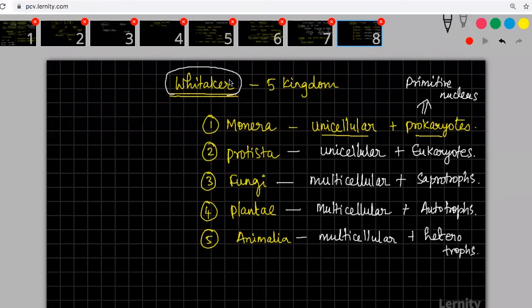Okay, so this five kingdom classification is going to classify organisms based on some properties. So they have classified it like this. So please take this thing down. If you guys are done, please let me know so that I can switch.